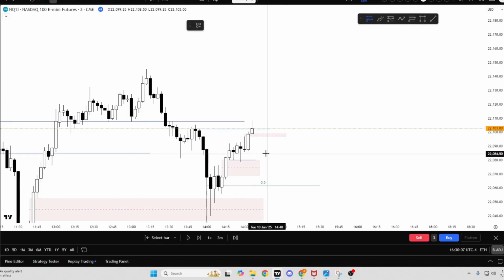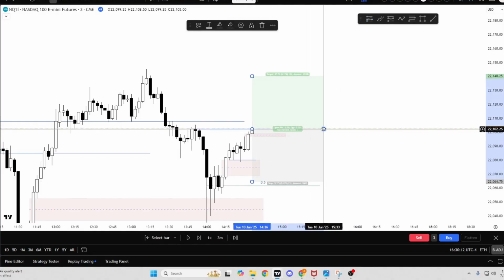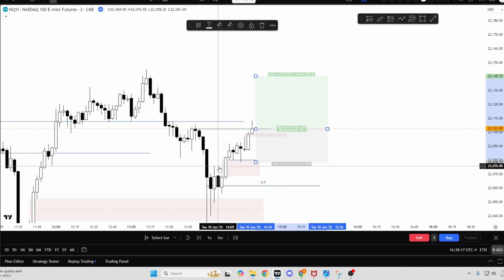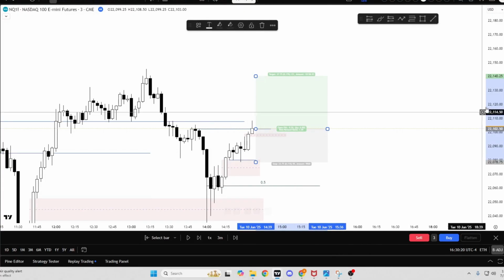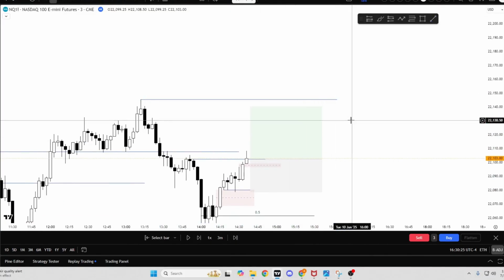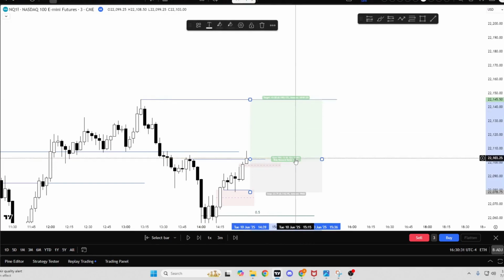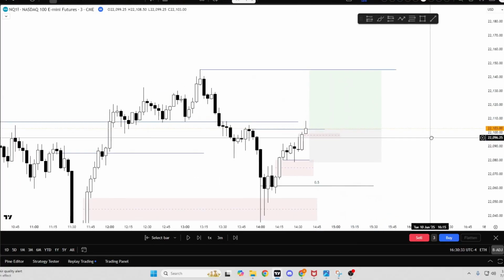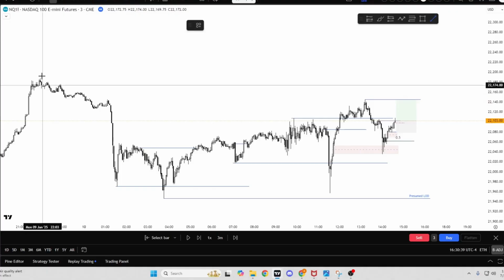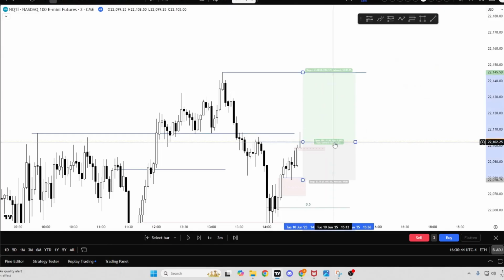There's honestly no problem with taking an entry right here at the opening of this candle, placing your stop here, because if it goes lower, it's going to these lows, possibly even these, and then targeting higher prices. However, when I was looking at this entry, there's no decent risk reward to the first target. It's only 1.81 R. You are targeting this eventually, but your partials come up at 1.81 R.